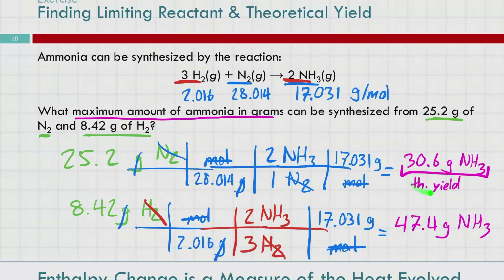The theoretical yield is the maximum amount we can make. And we had to go through the calculation for both of them because I, at least, cannot look at 25.2 grams and 8.42 grams and just immediately know that one is going to be able to make less than the other.